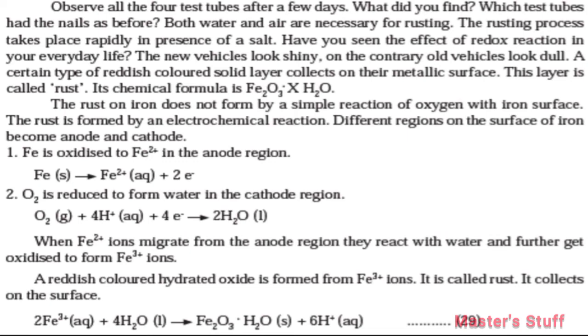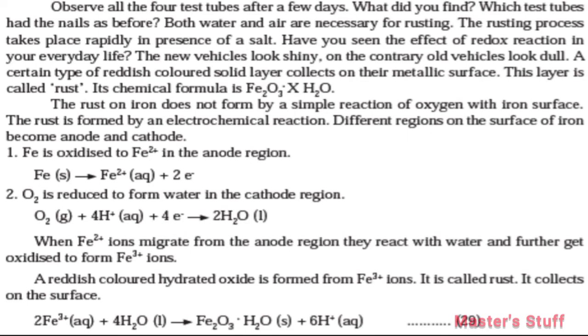That is, Fe gives Fe2+ plus 2 electrons are released. Second, O2 is reduced to form water in the cathode region. O2 plus 4H+ plus 4 electrons gives 2H2O.